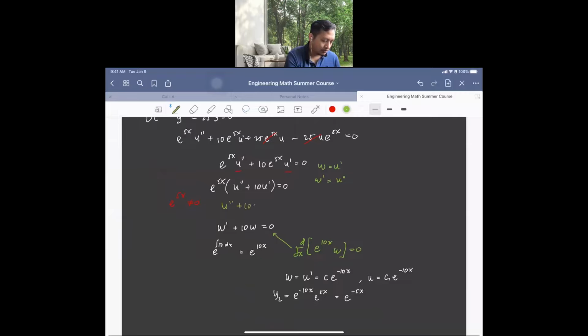So u double prime plus 10 u prime is equal to 0. Okay, that is how we get the second solution. Just a quick recap, and I think we can continue a little bit.